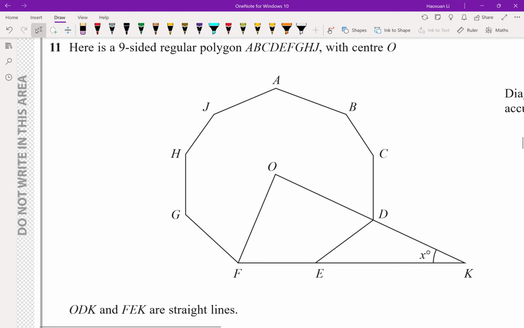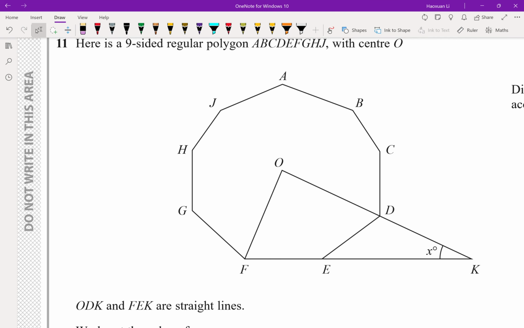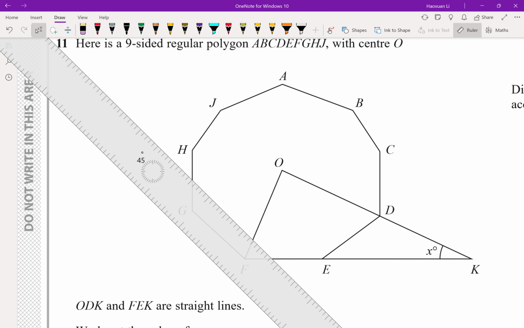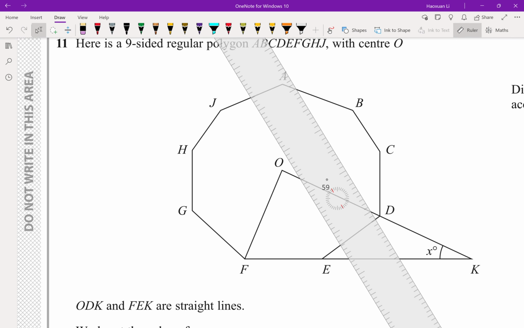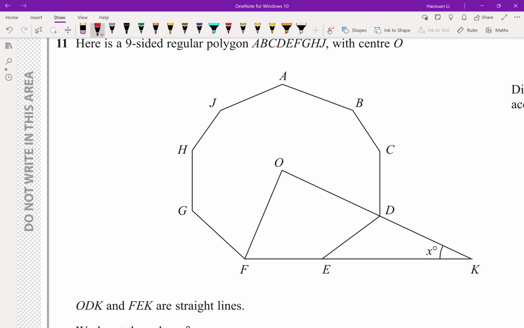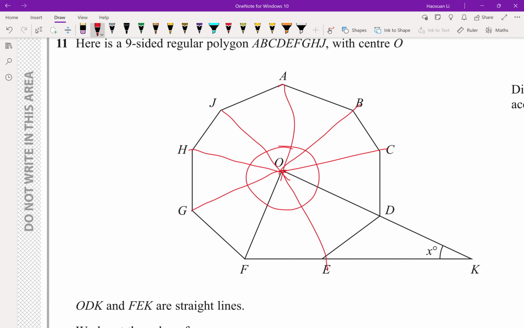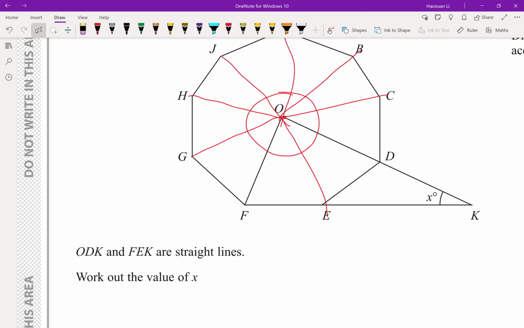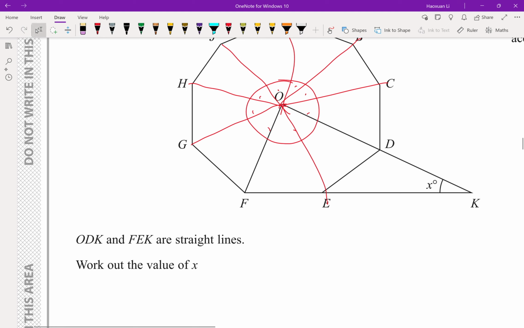Now, this question looks a bit scary, but there is a much easier approach to it, and let me tell you how. If you think of it this way, in the middle there is a circle, and each piece is the same. So how many pieces are there? There are 8 pieces. Oh, sorry, no.